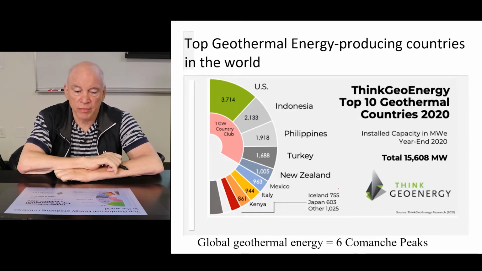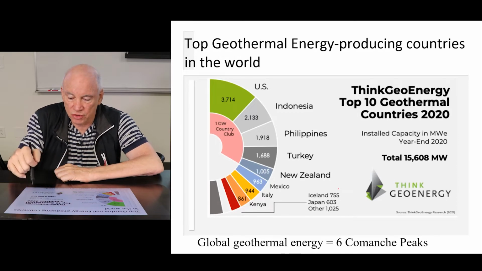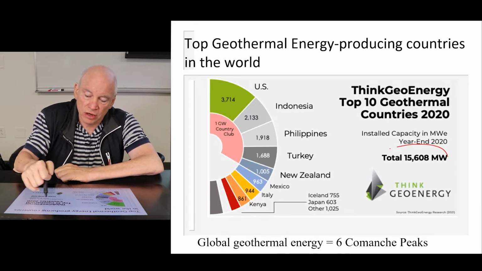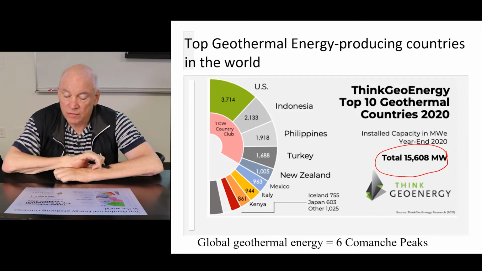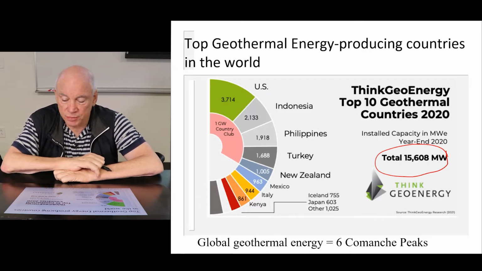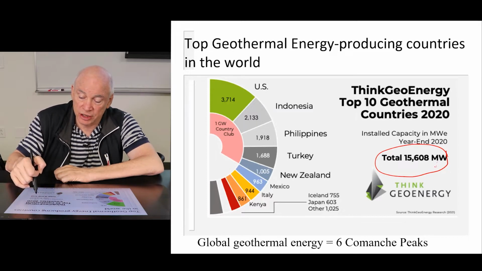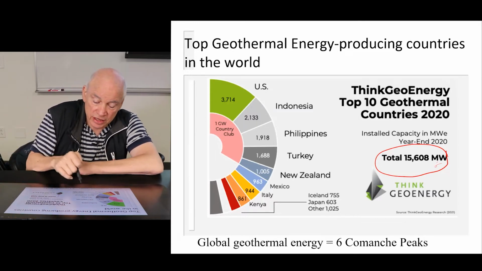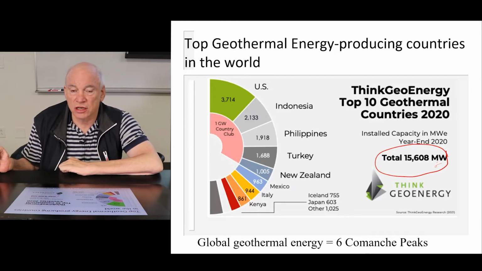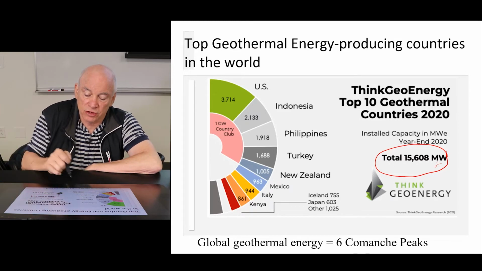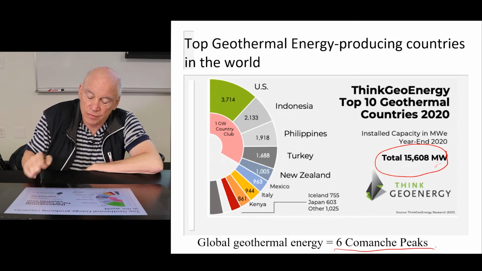The total amount of geothermal energy produced in the world in 2020, with all of the plants put together, could generate about 15,600 megawatts. If you compare this to what Comanche Peak can do, the entire world's geothermal energy is about equivalent to 6 Comanche Peaks.